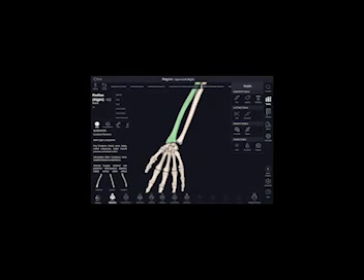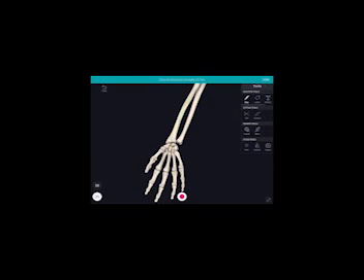Okay. One important structure that I want to mention here is the styloid process. So on each end, on the radial end and the ulnar end, this little nub here, these are called the styloid processes. So there's a styloid process on both the radius and the ulna.